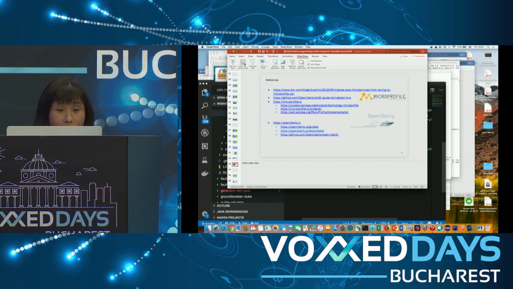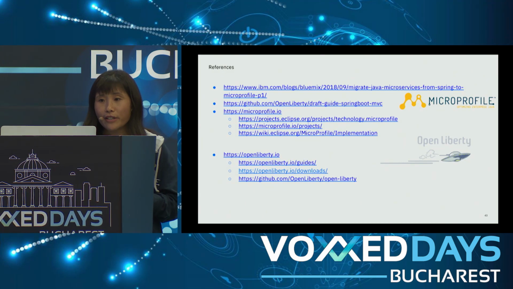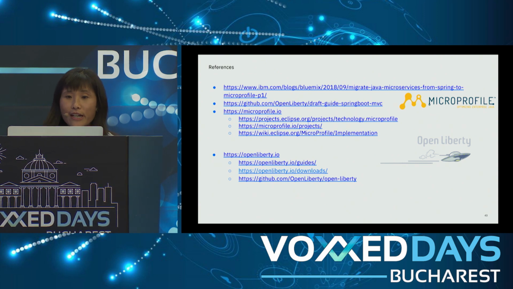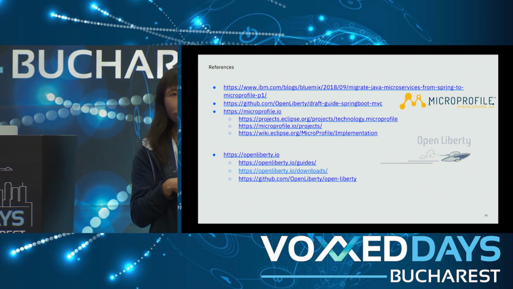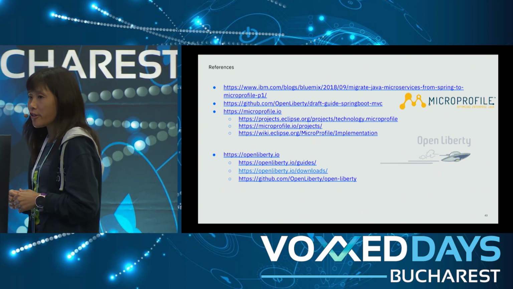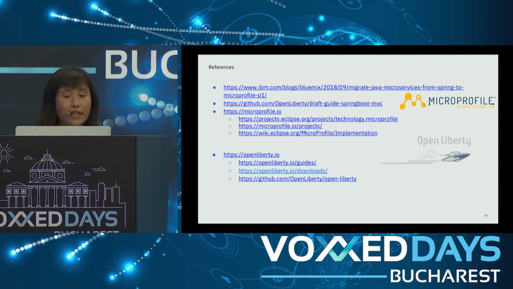As I mentioned earlier, all this experience is based on this blog, the first link, Migrate Java microservice from Spring to MicroProfile. These series talk about each individual technology in great detail with very good explanation, so I highly recommend you check it out.